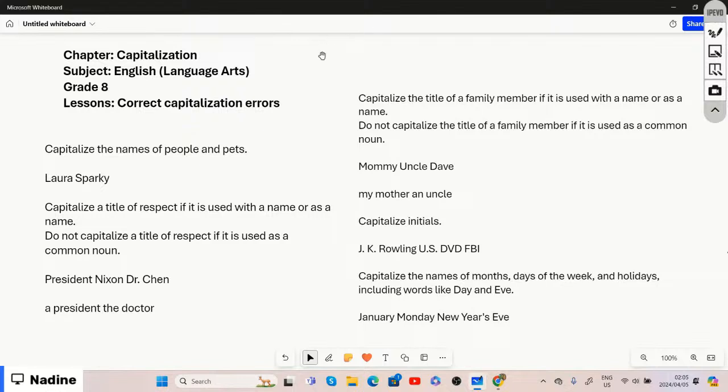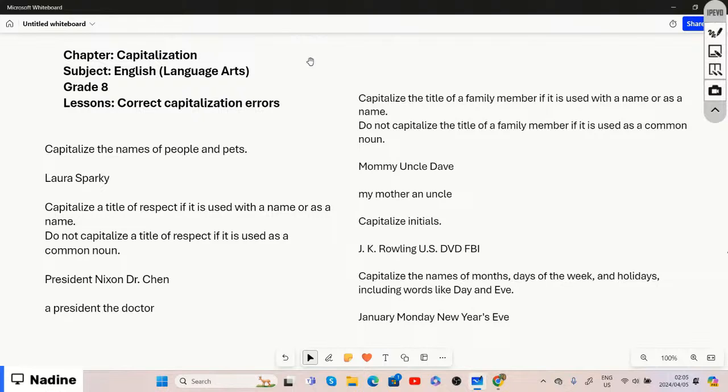All right. So when it comes to capitalization, we need to capitalize quite a few things, starting with names of people, names of places, names of pets, days of the week, months of the year, titles, and initials.